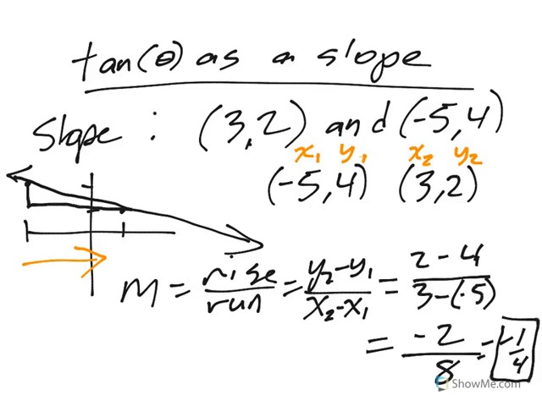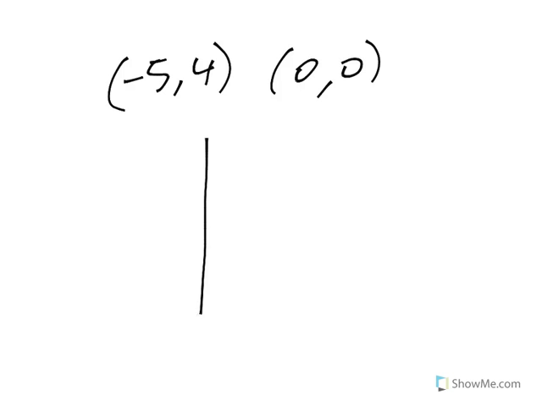And now I want to explore, what if one of my ordered pairs was the origin? So let's say I was trying to figure out the slope of the line that went through (-5, 4) and the origin, (0, 0). The calculation here is going to be just a little bit easier.